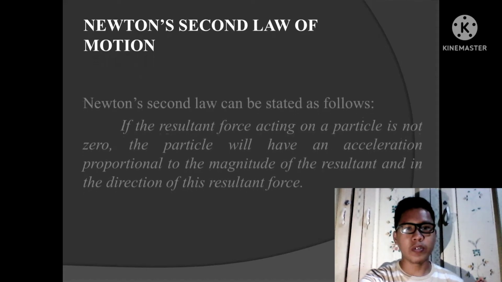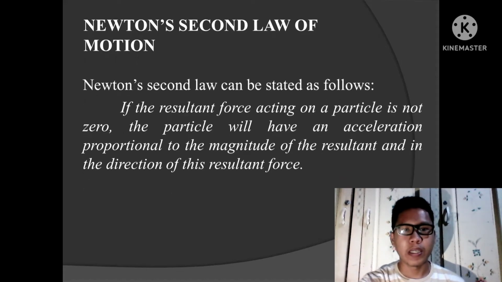So Newton's second law of motion can be stated as follows. If the resultant force acting on a particle is not zero, the particle will have an acceleration proportional to the magnitude of the resultant and in the direction of this resultant force.